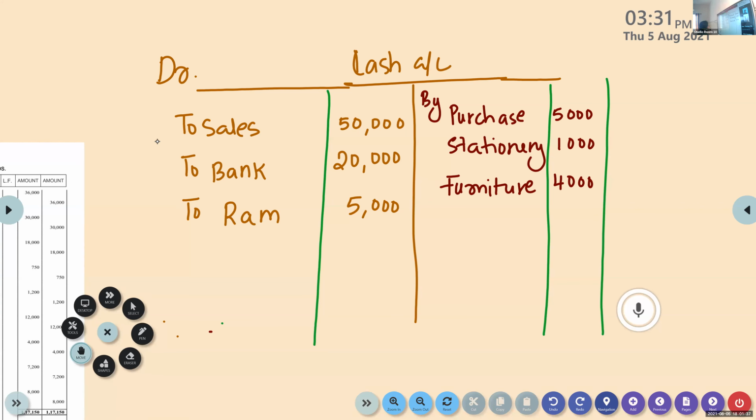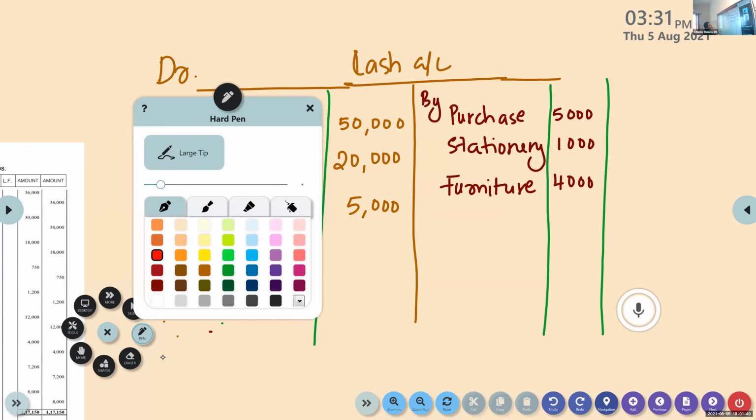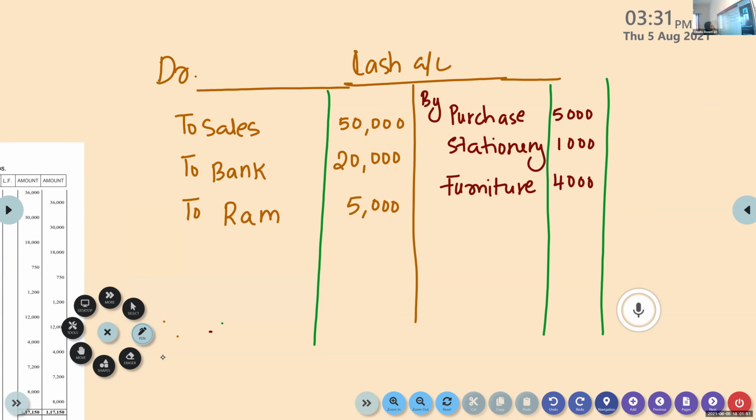On the debit side, we have 50,000 plus 20,000 plus 5,000. So what is the figure? First, we will find it as a rough calculation. How much is that? 75,000. So write it as 75,000. This is just a rough figure.